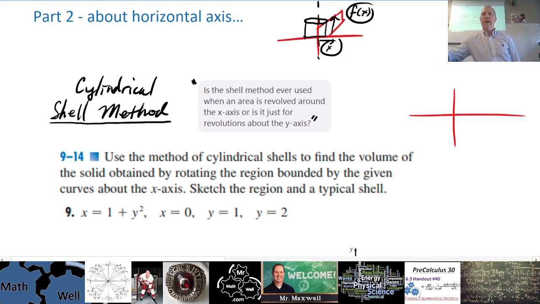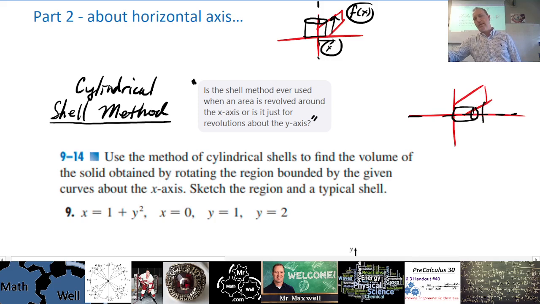So let's say our graphs are this and this again, maybe, and we're going to rotate this around a horizontal axis, like the x-axis there. And so what's going to happen is our cylindrical shells are going to be, the radius is this, and the wraparound part is going to be sideways now.